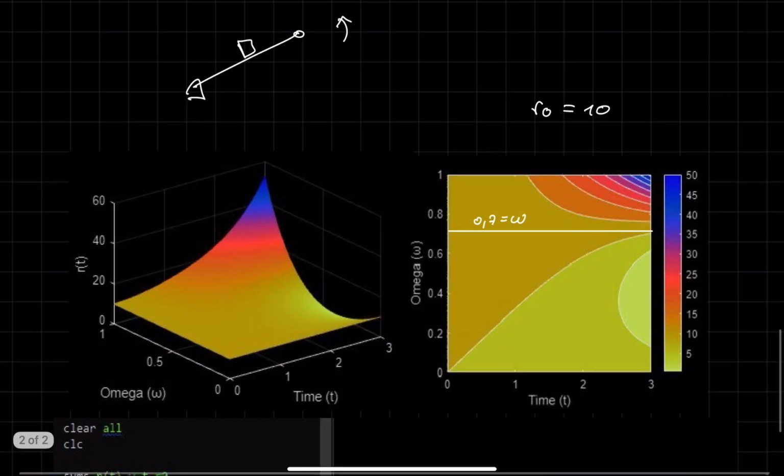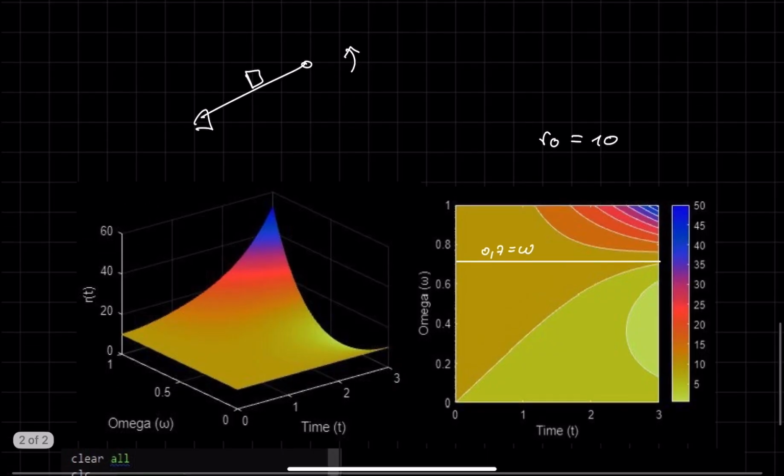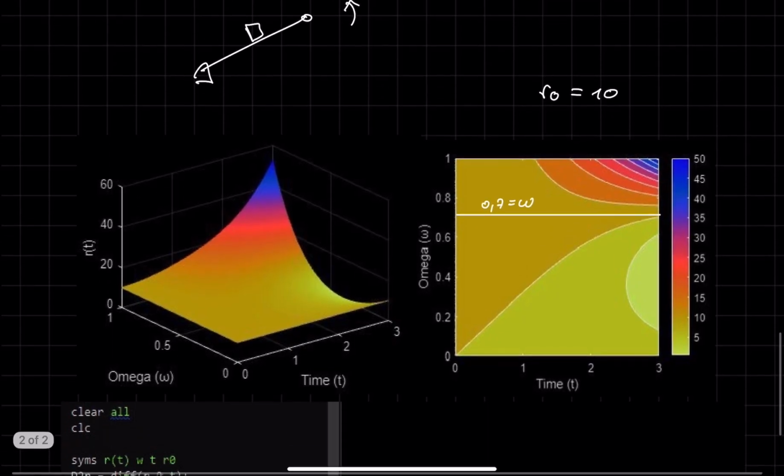And when it goes to 0.9 or 1, it will move rapidly outward, but not for 0.4 or 0.2, where obviously it's going to go inward, because the angular velocity, the centrifugal force, is not enough to counteract the gravity.